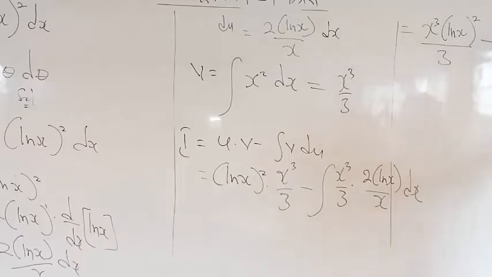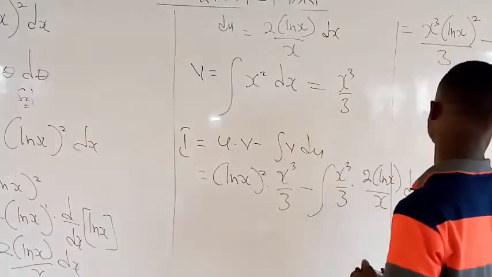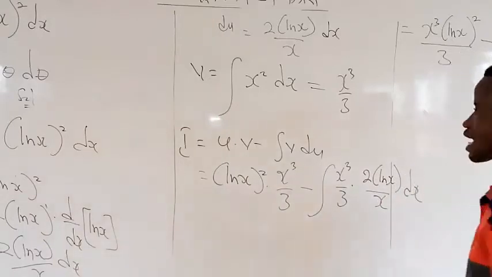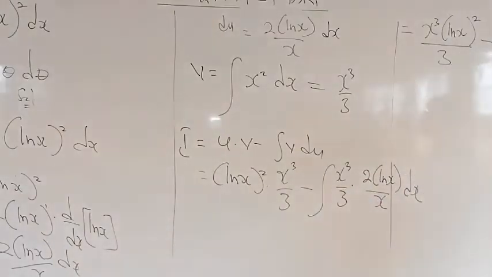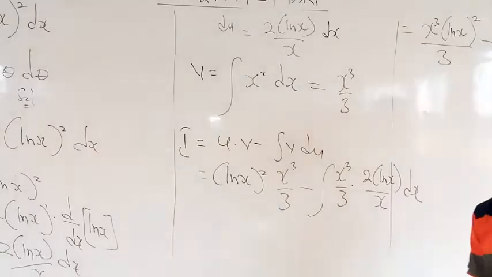So we are left with s squared ln s ds. Ooh. We are still having integration by parts again. Then we need to go by parts again. Very good. So let's go again.